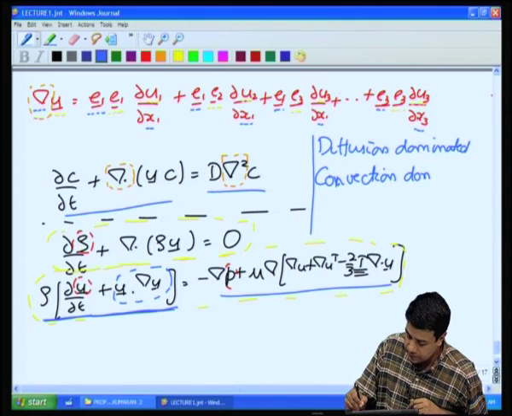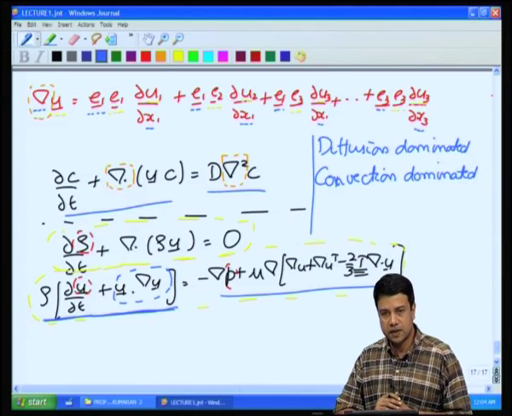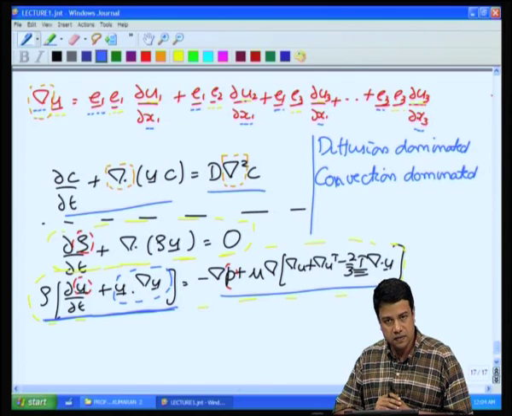The second is where we are convection dominated, where we neglect the diffusion terms, but we cannot completely neglect the diffusion terms. As we saw in the case of the concentration equation, when you neglect the diffusion terms, you neglect the highest order derivatives, and therefore you cannot satisfy all boundary conditions.